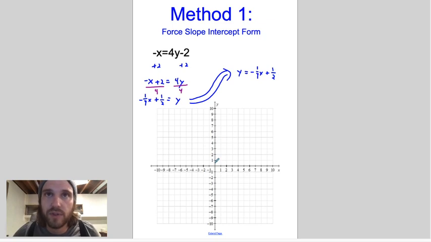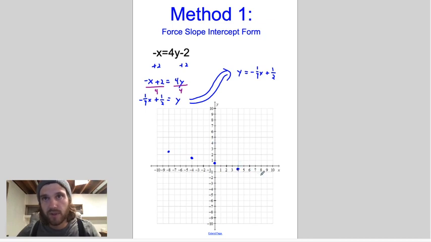So this one's a little strange because we're not on a grid mark. Our y-intercept is 1/2 here, and our slope is negative 1 over 4. So when I go up 1, to keep my slope negative, I'm actually going to go to the left 4. When I go down 1, I'm going to go to the right 4.